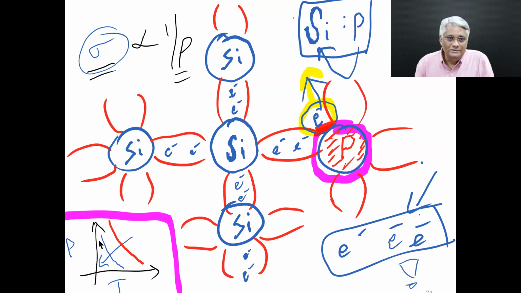So the resistance or resistivity should decrease. High resistivity for a pure sample and for a doped one, it decreases. This is the first test that, yes, the dopant inside the lattice is bringing about changes in the electrical property.